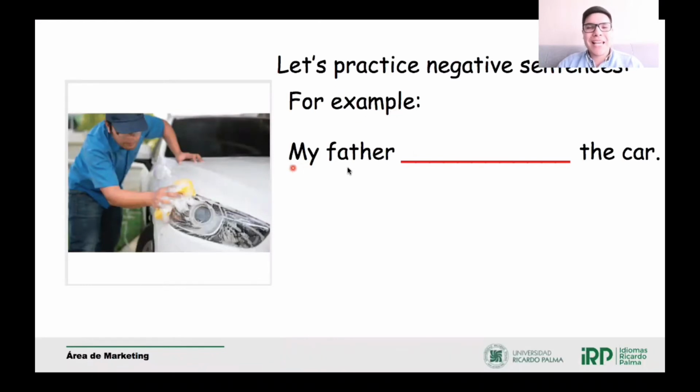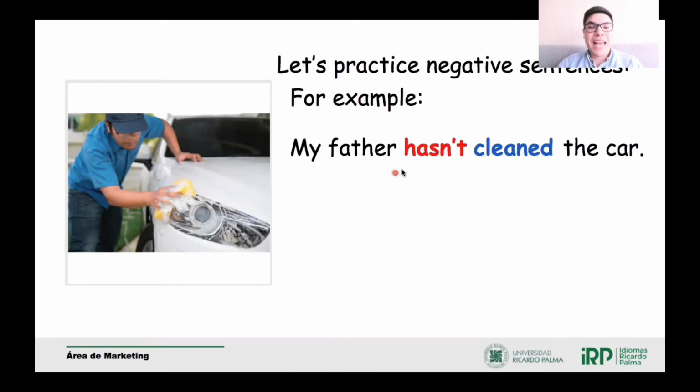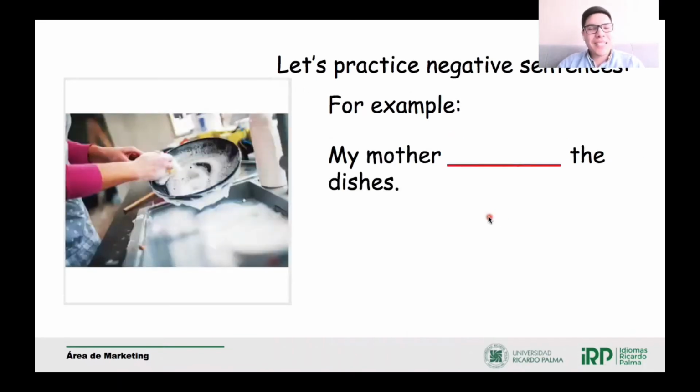Let's practice negative sentences. All right. So the first one is my father, the car. What is he doing with the car? Oh, cleaning, washing. Okay. So we would say my father hasn't cleaned the car. Very good. Now, look at this.